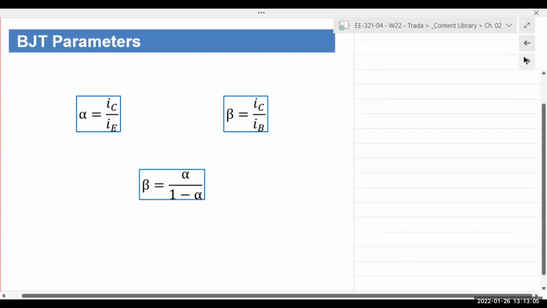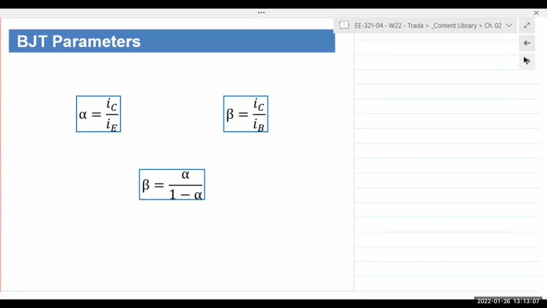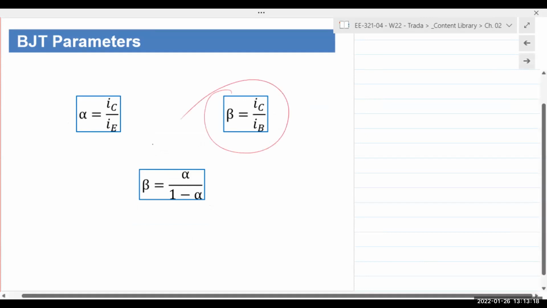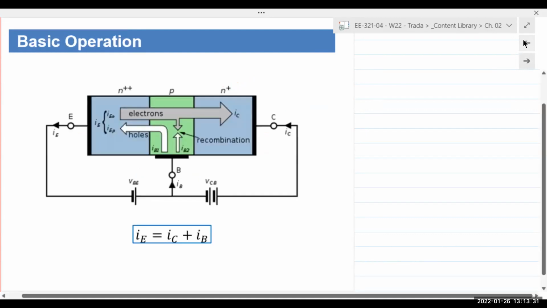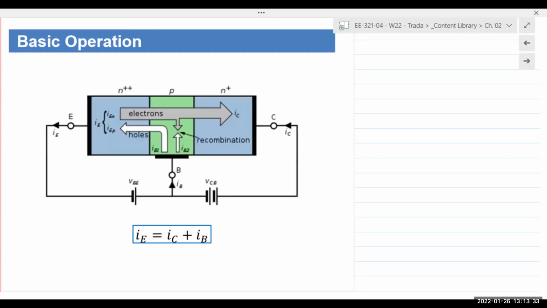There are parameters associated with the currents that flow in a BJT, and the most important ones are alpha and beta. Beta is defined as the current gain of the transistor. Let me go back to this diagram. What do you see about IB? It's indicated by that thin arrow.